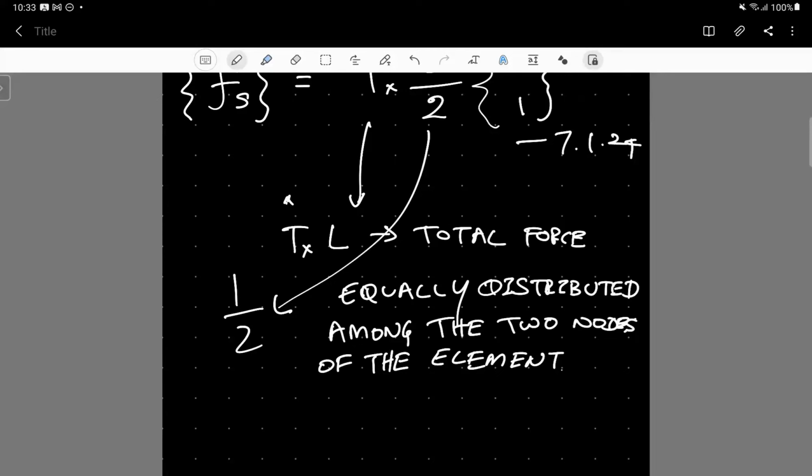So since we already have an idea about how the isoparametric formulation can be applied to a simple bar element, and we have also used the isoparametric formulation to express the body force as well as the surface forces, we are equipped with all the relevant equations to perform a complete evaluation of a finite element problem using isoparametric formulation.